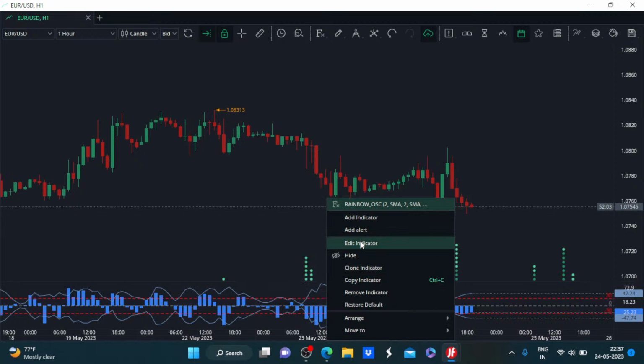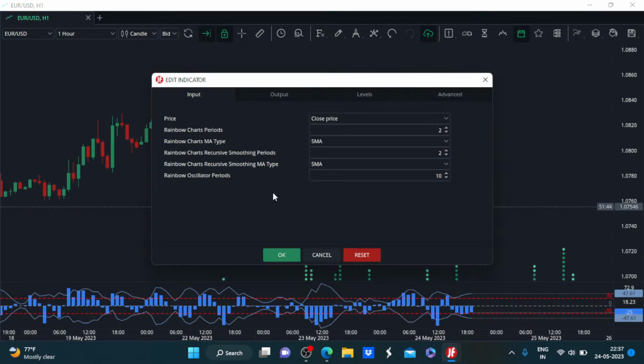If you have any query regarding this indicator, do write to me in the feedback, and I will be trying to give you the explanation if you have not really got its underlying logic.